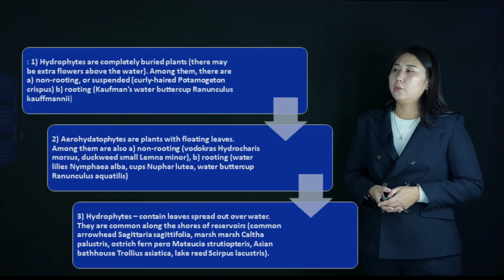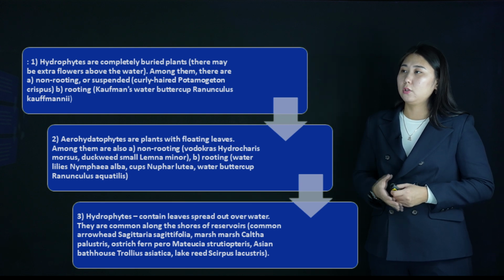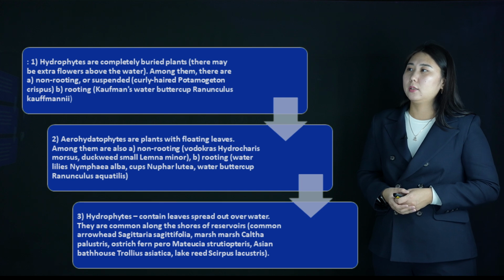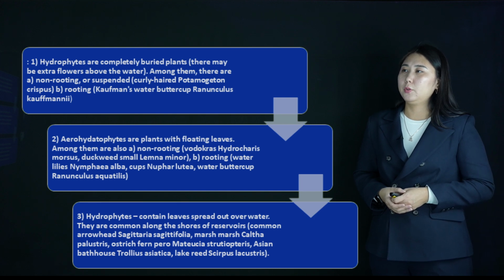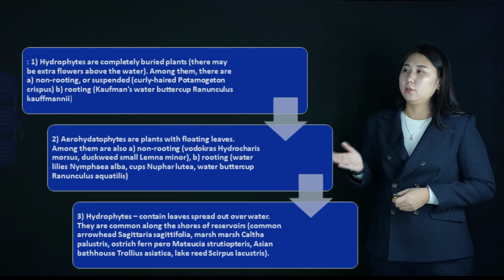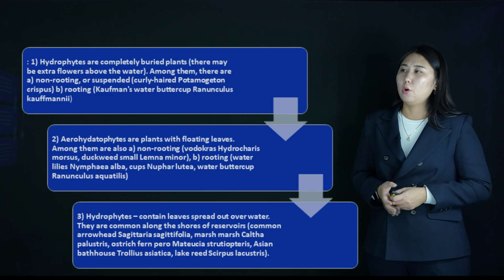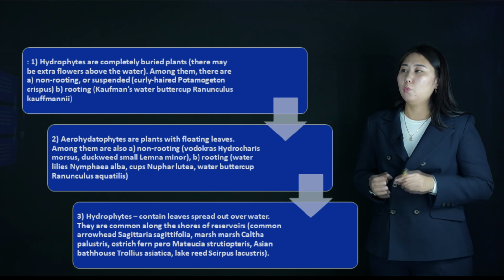Next are other types of ecological groups of plants. Hydrophytes are completely submerged plants. Among them, there are non-rooting ones or ones suspended by roots. And the aerohydrophytes are plants with floating leaves. Among them are also non-rooting or rooting in the water.